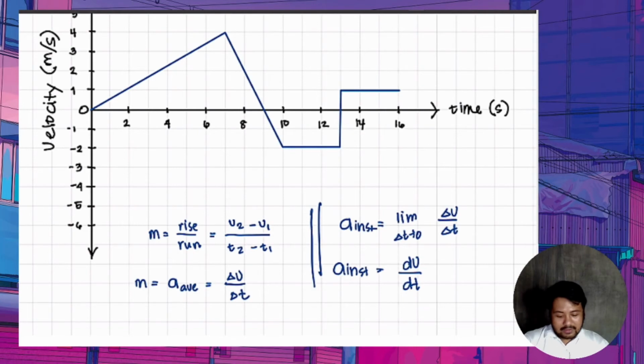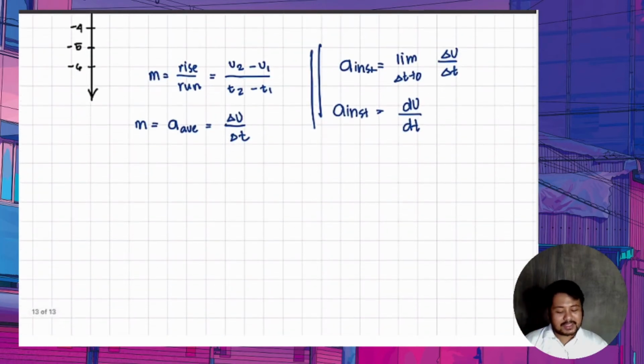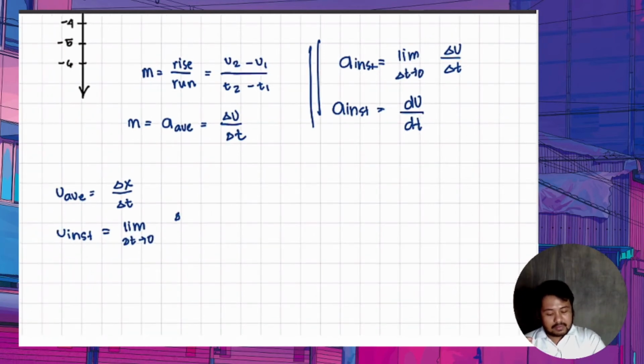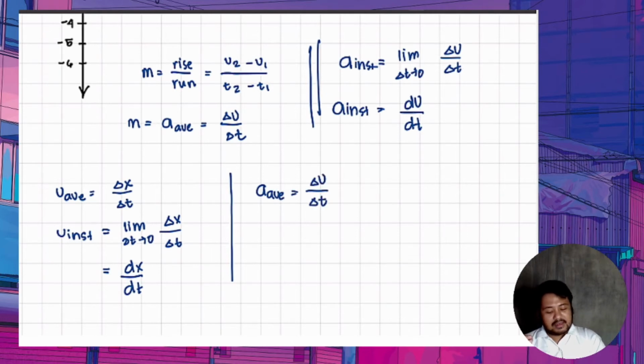Okay, so mag-summarize lang muna. If I have an average velocity, VAV, is just equal to delta x over delta t. V instantaneous, that is the limit delta t approaching 0 of delta x over delta t, or this is dx over dt. Acceleration, average acceleration, this is just delta v over delta t.